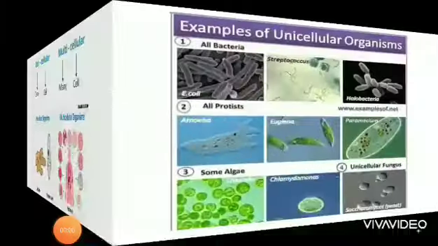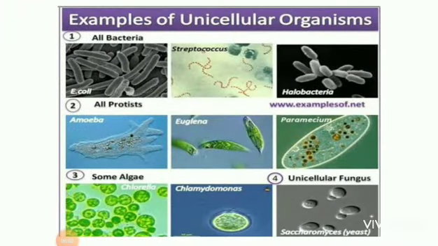Let us see other examples of unicellular organisms. All bacteria have only one cell, that is E. coli, Streptococcus, Halobacteria. Similarly, all protists: amoeba, euglena, paramecium. Some algae: chlorella, chlamydomonas. Unicellular fungus, that is yeast. These are the examples of unicellular organisms.